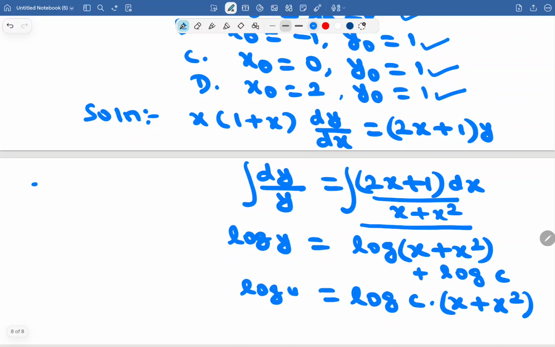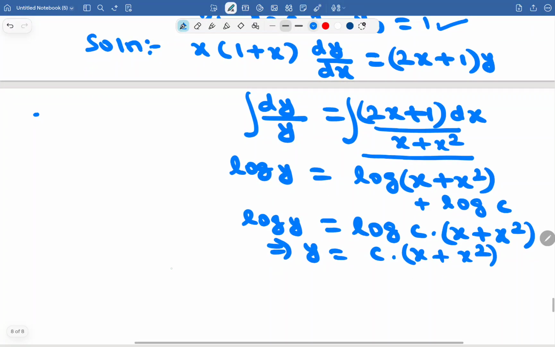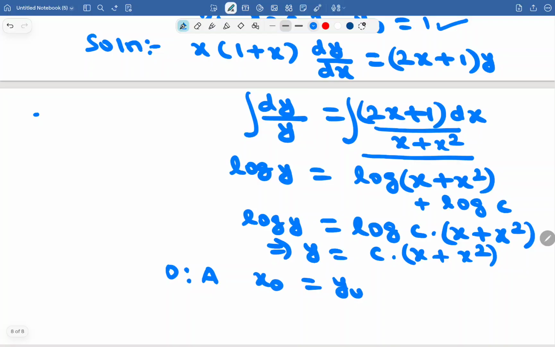This is log y, therefore y equal to c into x plus x square. Now I am going to check the option. First option, x naught equal to y naught equal to 0.